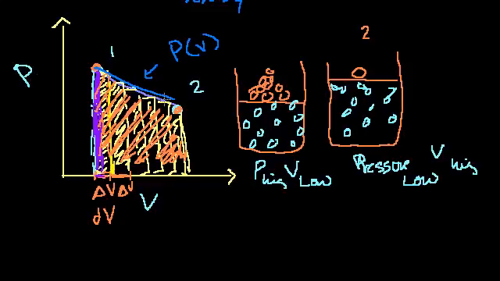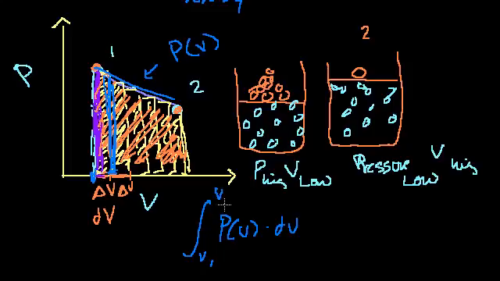So it's pressure as a function of volume. So the area under this curve is the integral of the pressure as a function of volume, that's the height at any point, times our very small change in volume. And you take the sum from our starting volume, volume initial, to volume final.